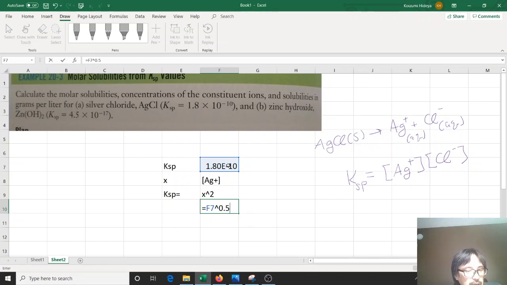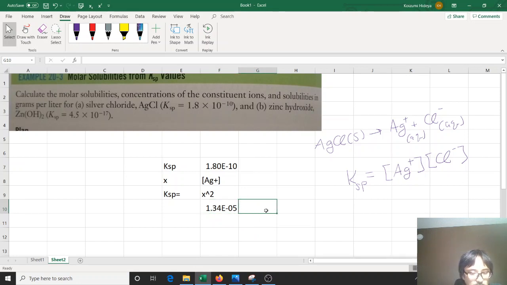So we can dissolve this many moles of AgCl in 1 liter of solution.